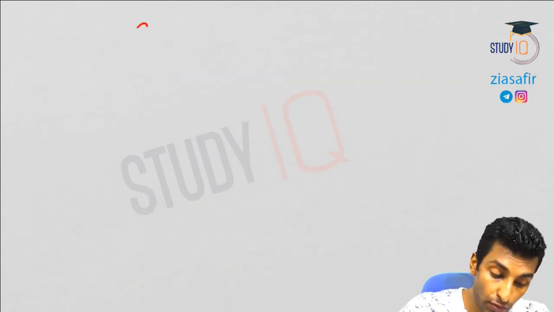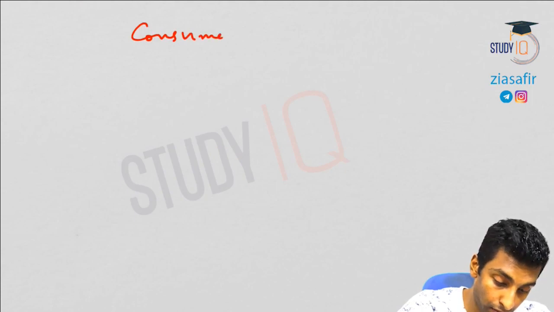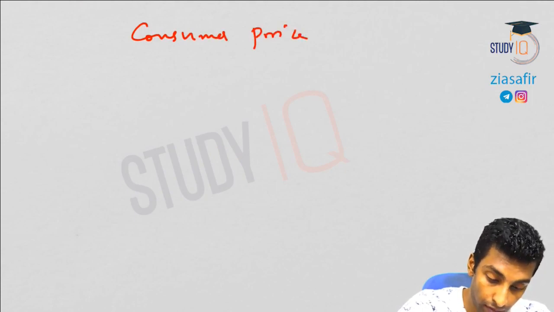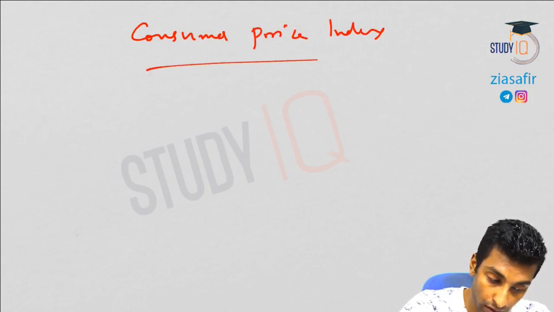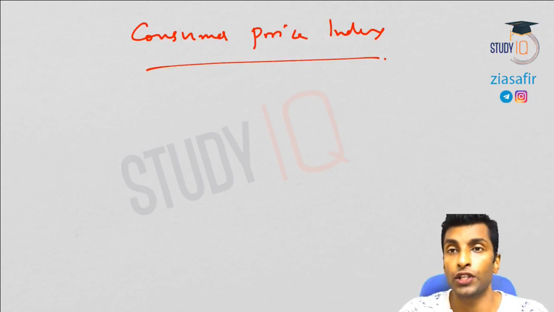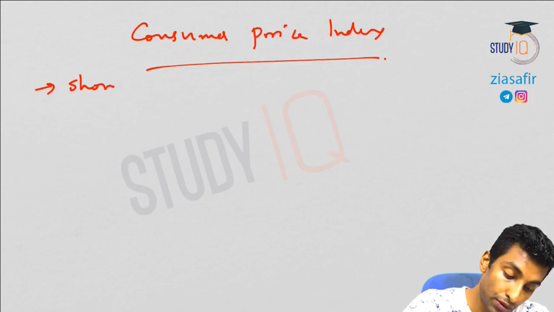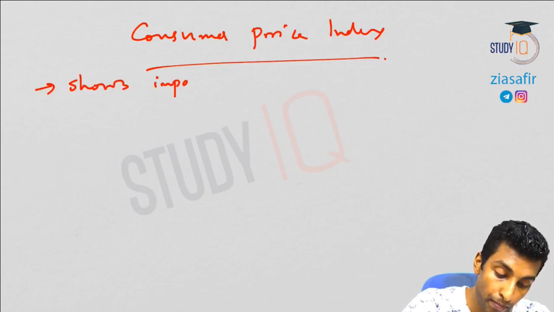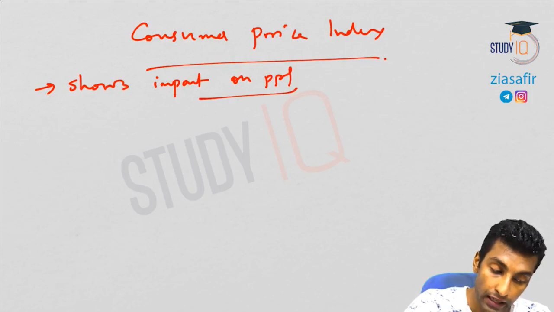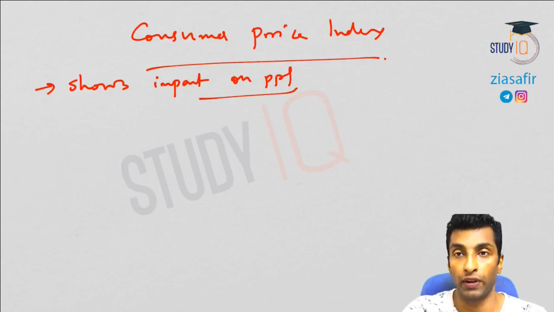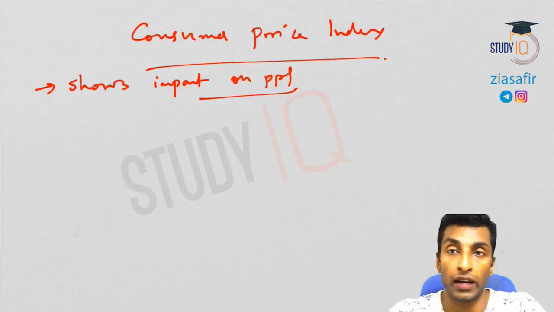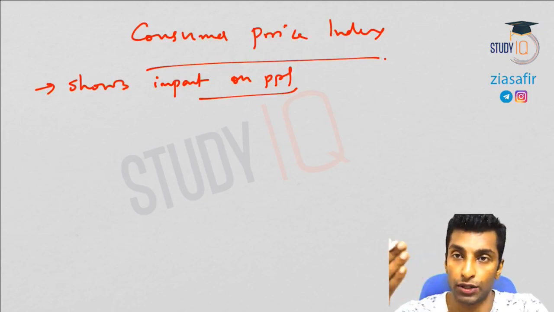The next is consumer price index. So this one shows actually the impact of inflation on people. It shows the change in cost of living. I have already told you when inflation is there, the cost of living is actually increasing.